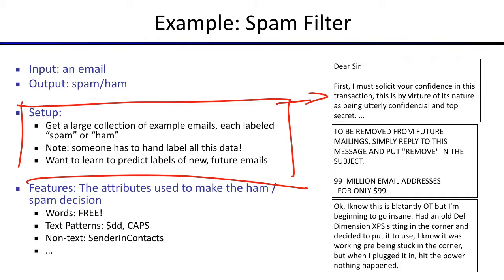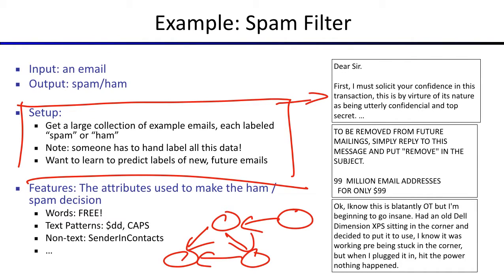The other thing is we need some way of figuring out how to represent all of this data that we've collected in a way that our machine learning model can consume. And so practically what that means, if you remember when we talked about specifying a Bayes net, we would have a bunch of different random variables that would interact with each other in some way.